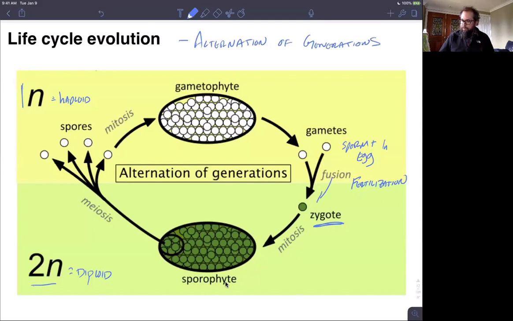And so the first cell of the diploid stage of the life cycle is the zygote. And this is where the sperm and egg have fused together to form that zygote. This diploid stage of the life cycle is also called the sporophyte stage of the life cycle, or the spore-bearing stage.